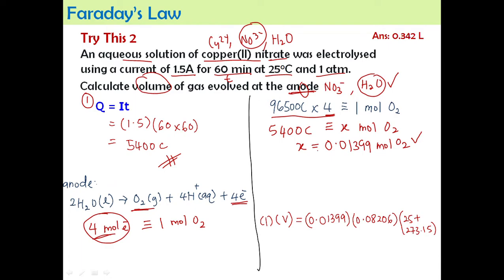Okay, dah dapat mol of oxygen, nak cari volume. Kita ada n, kita nak cari V. Kita ada temperature, kita ada P. P, V, n, T. So, boleh tak recall balik formula apa yang kita kena guna sebenarnya?